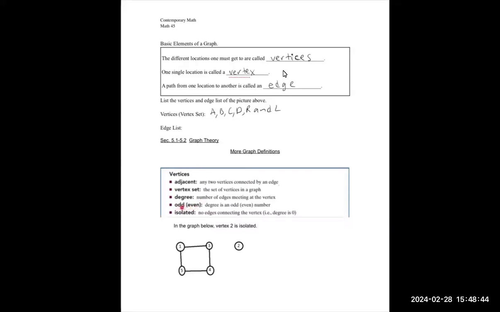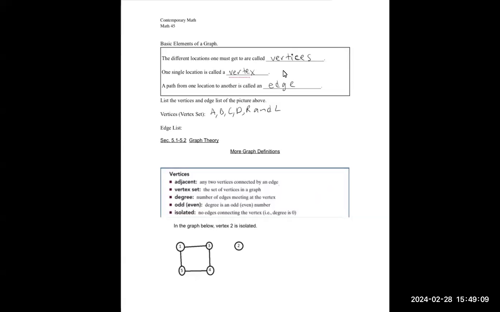Then odd and even. We call a vertex either an odd vertex or an even vertex based on its degree. If the degree is odd, then you would call it an odd vertex. If the degree of the vertex is even, then you would call it an even vertex.